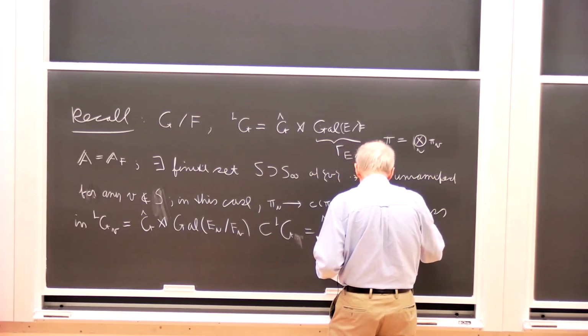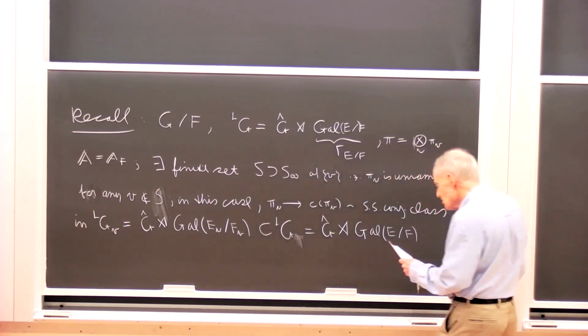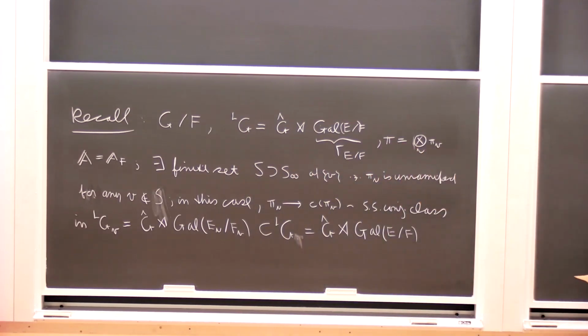And recall that E is some Galois extension that you get to choose. If you're Langlands, or if you're working on Langlands, you get to choose what E is. It's some often quite large Galois extension.